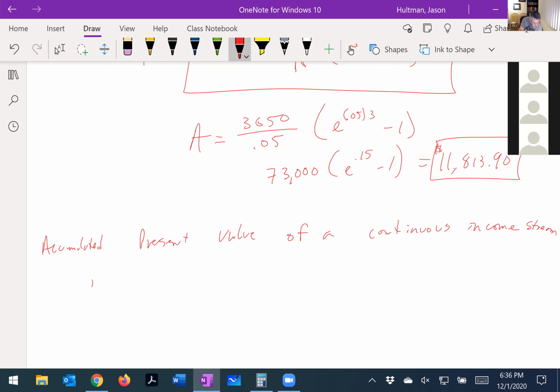We call this B, and it is equal to the integral from 0 to T of r of t times e to the negative kt dt.